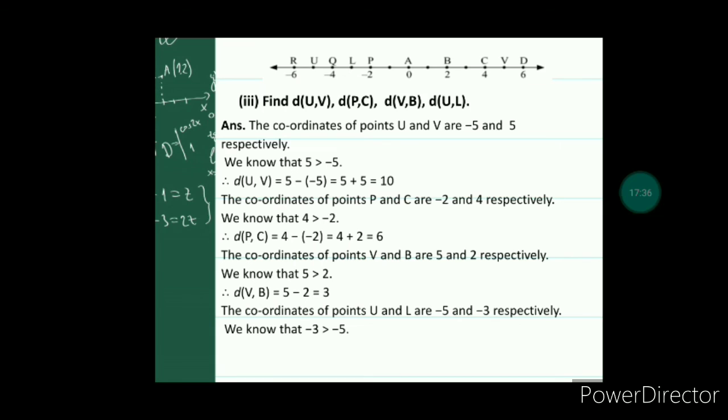The coordinates of points U and L are -5 and -3 respectively. We know that -3 is greater than -5.